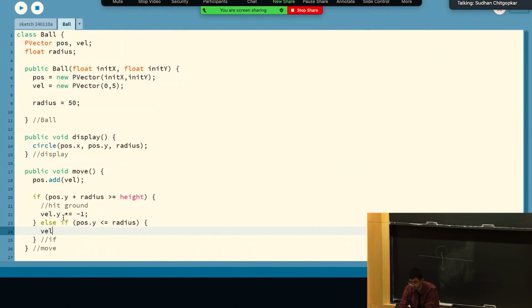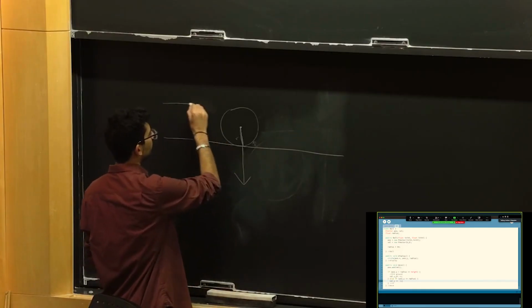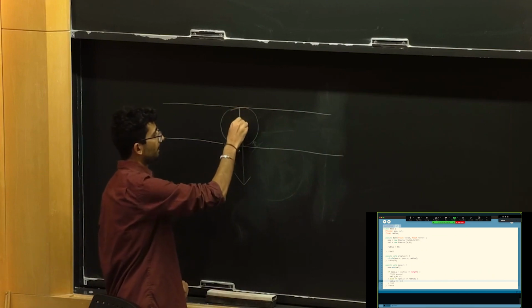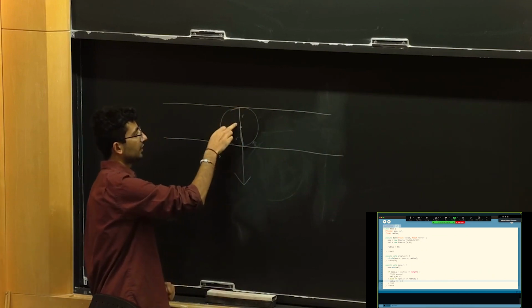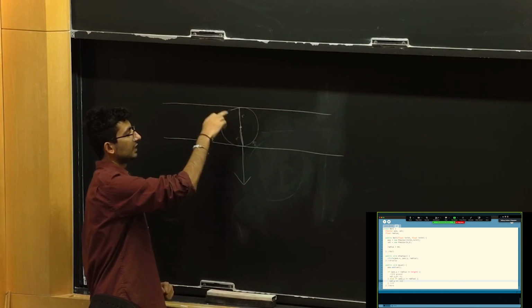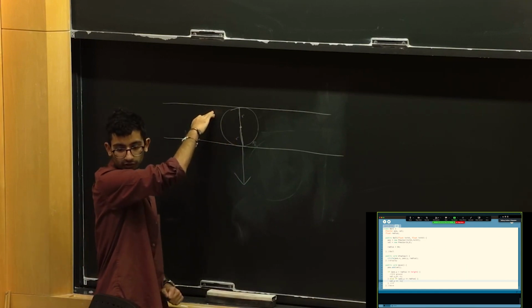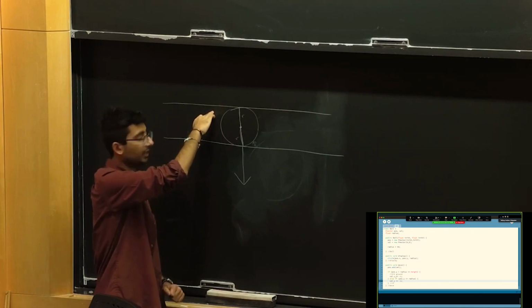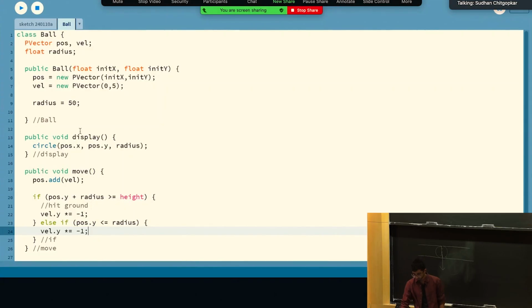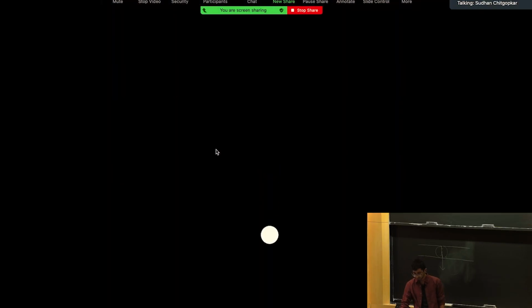And the reason it's our radius, and I think you can probably draw out the picture to convince yourself that this is the case, but if we go back to our blackboard, if this is the very top, then I think as long as our radius has hit the 0 marker, then we are good. At least I think that's the case. It's been a little while since I've written this code. Let's go ahead and check to see.